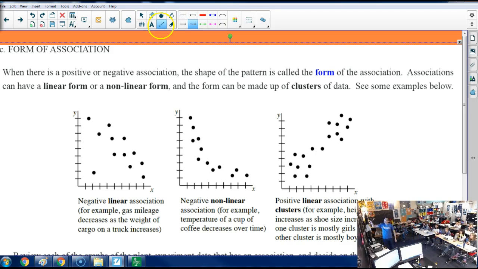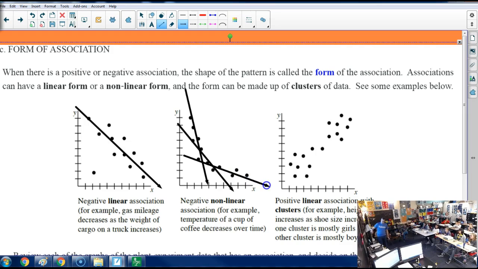So negative linear association, we're used to, I can draw a line and pretty much even out the points on top and bottom. But here, if I try to do that, that line seems to match in the middle of the graph, and this line seems to match at the end of the graph. What's it called? Exponential. It's exponential.